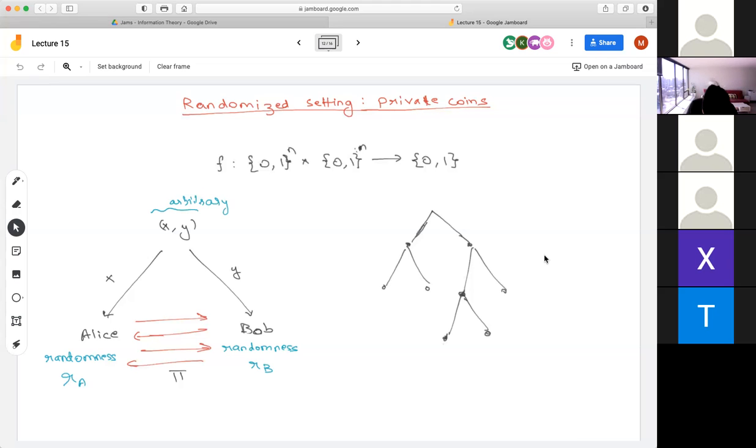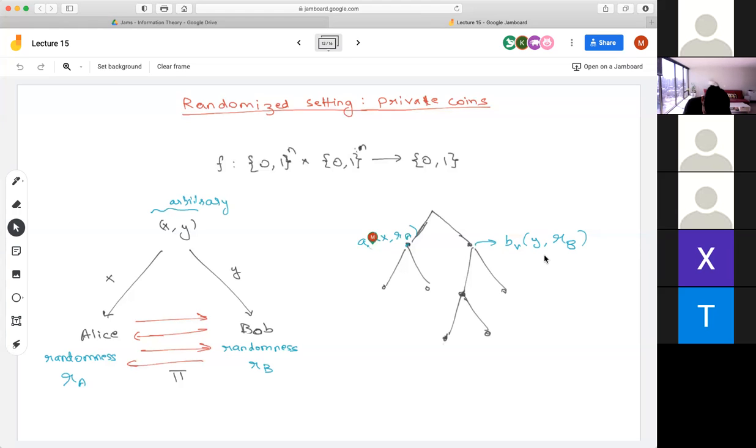What this means is that the function at any given node can now depend on the input and the randomness that is available to, let's say, Bob, because this node is labeled. And if this node was labeled with Alice, then we can have a sub v of x, and so on.